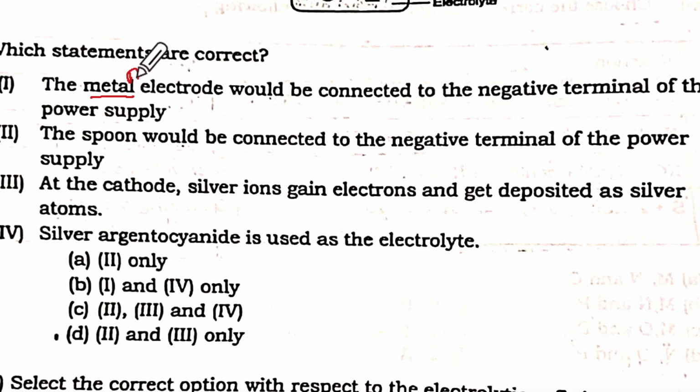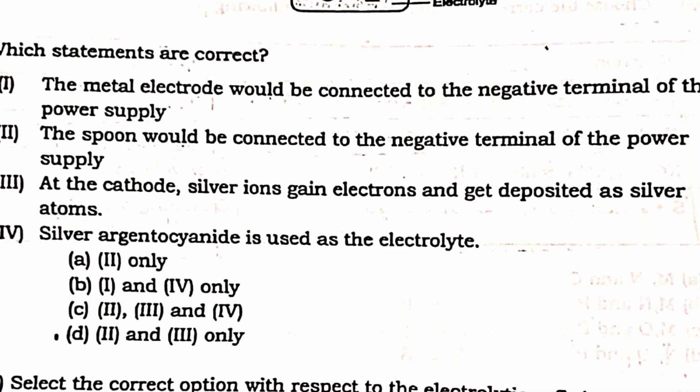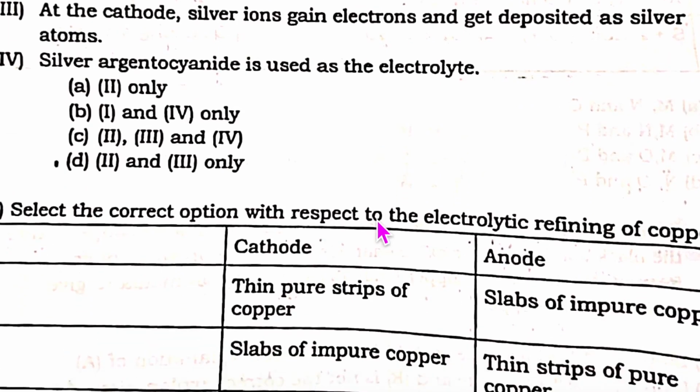Metal means Ag, right? Ag should be connected to the anode, is correct. Yes, sorry, negative is cathode. Sorry, mistake. Okay, so the metal should be at the anode. So 1 is not. My mistake, sorry.